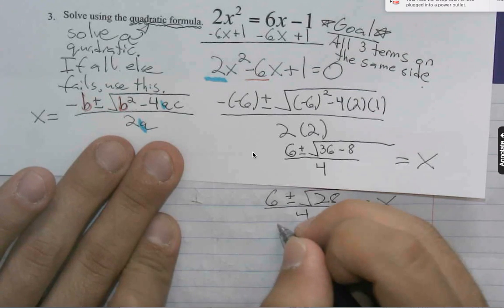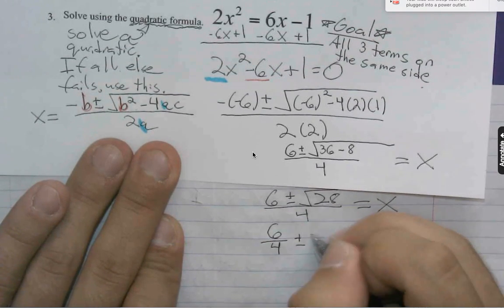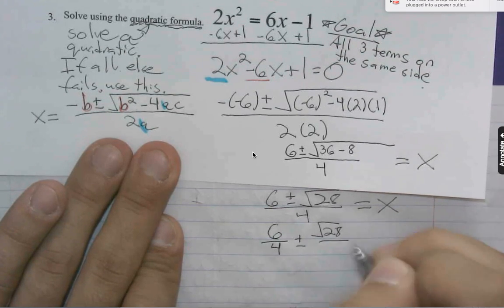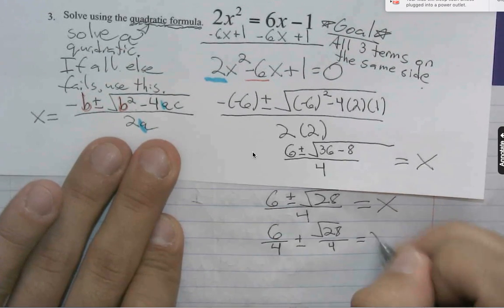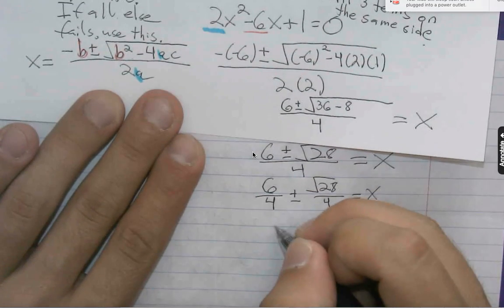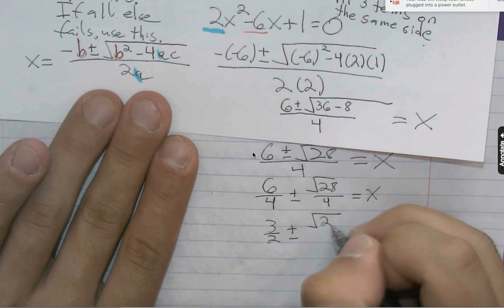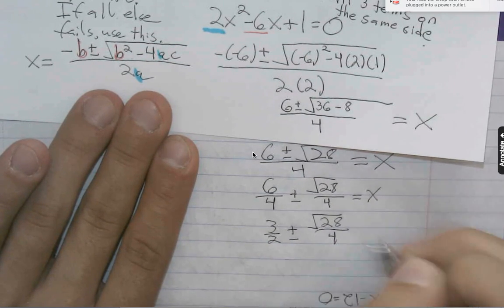So we could rewrite this as 6 over 4 plus or minus the square root of 28 over 4. If you really want to take this further, 6/4, you could rewrite to 3/2, keeping in mind your plus or minus square root 28 over 4.